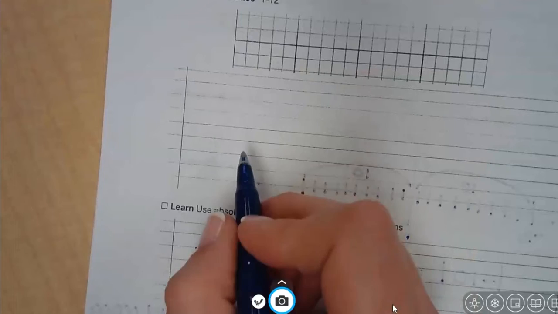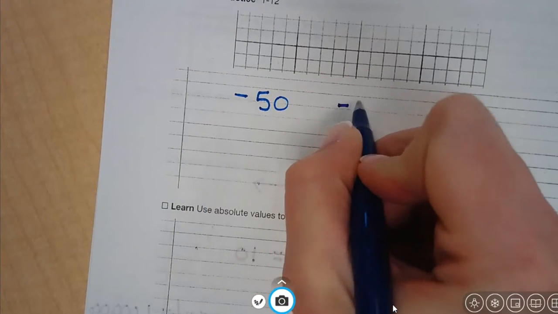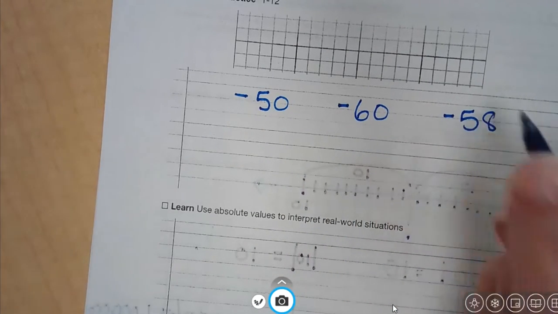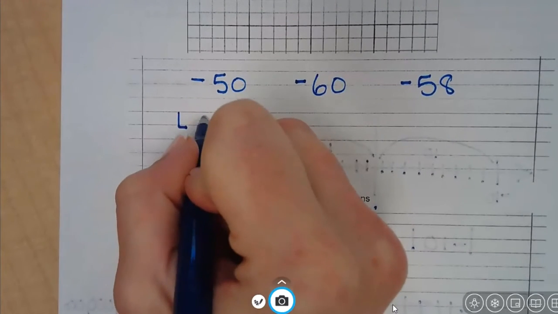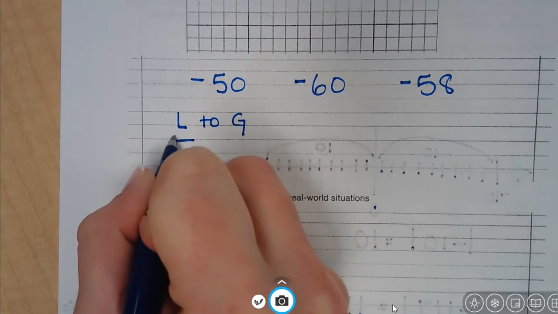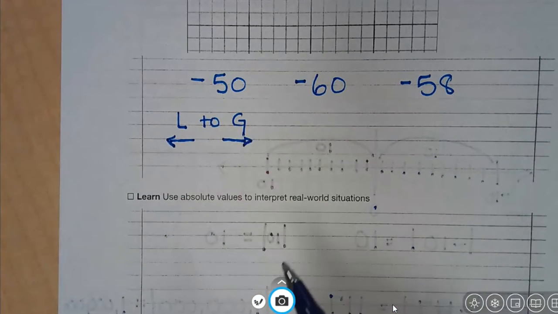So if I had like negative 50 and negative 60 and negative 58, if I was going to order these from least to greatest, so remember the least would be the furthest to the left on a number line, and the greatest would be the furthest to the right. And these are all negative.